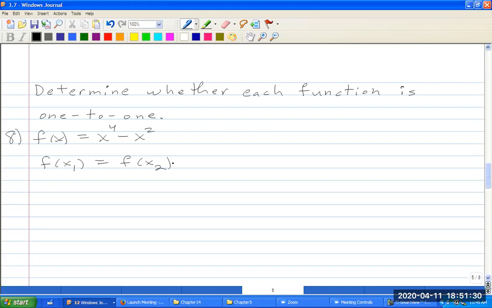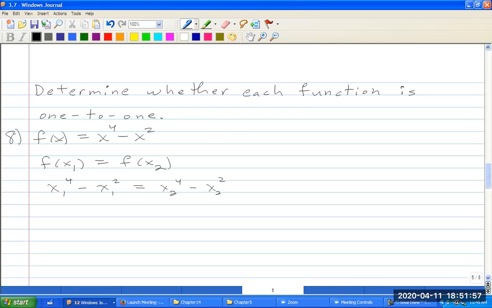If I can show that this implies that x1 is equal to x2, then we'll have that this is a one-to-one function, that this is injective. So replacing x by x1, replacing x by x2, I have the following.